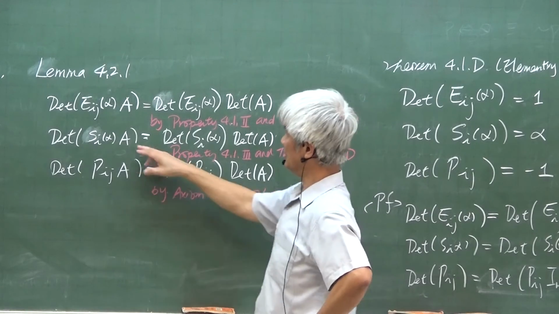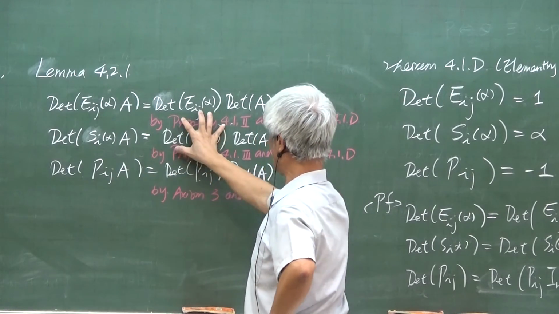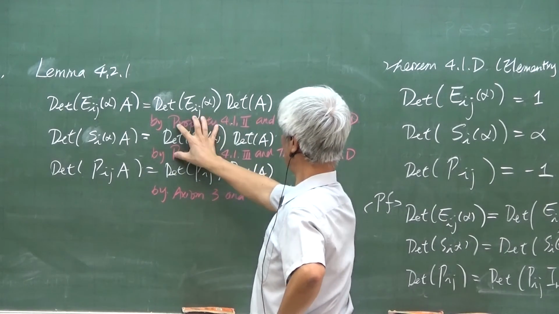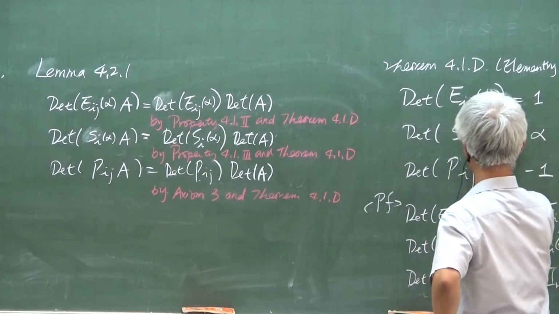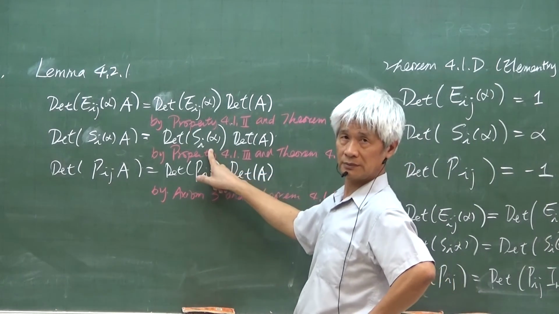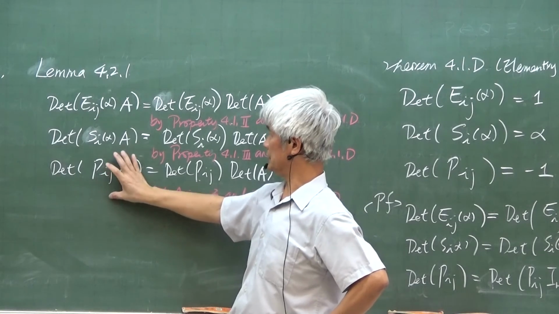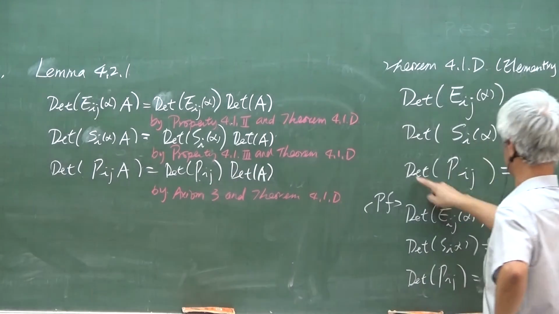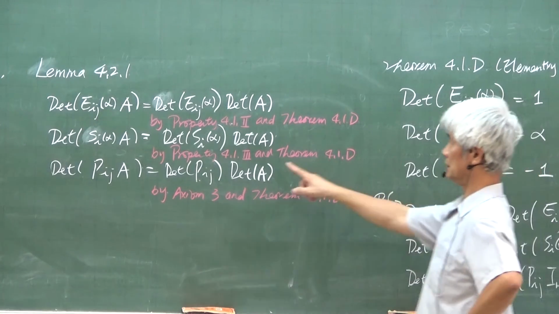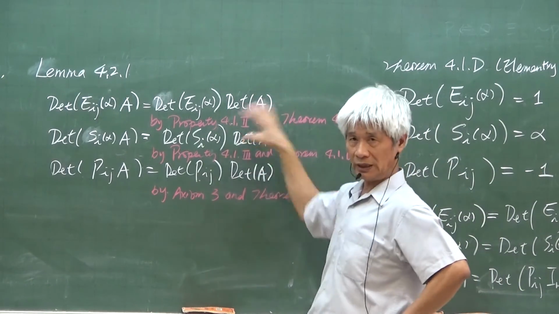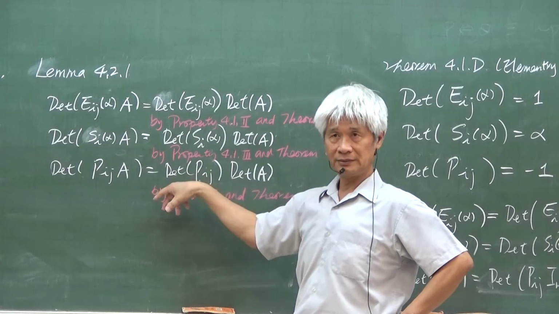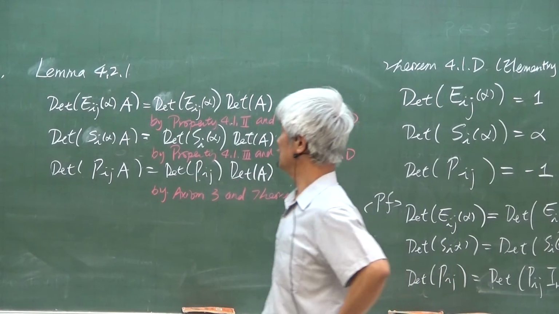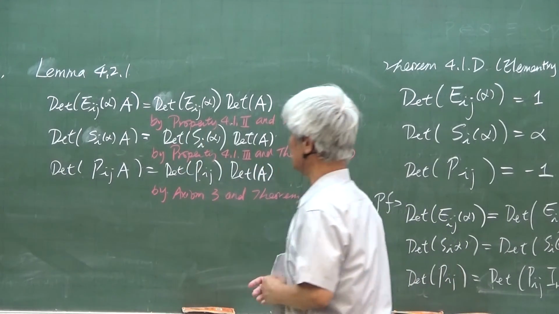And then when we do the scaling, we multiply with alpha. But alpha is just equal to the determinant of this one. To do the row exchange, we change the sign. But -1 is just the determinant of Pij. So we just put everything here together.